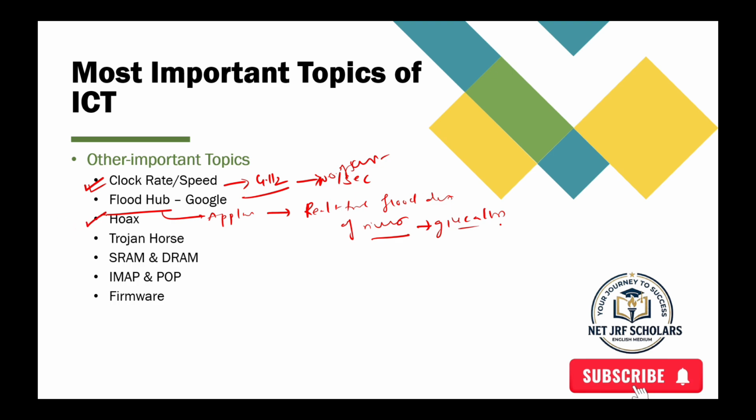And next we have hoax. It just gives you a threat message, but it does not have any real threat with it, it just gives the threat message, that's it.